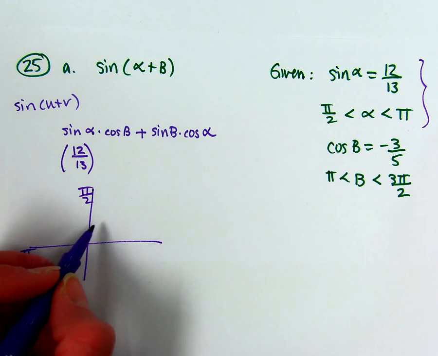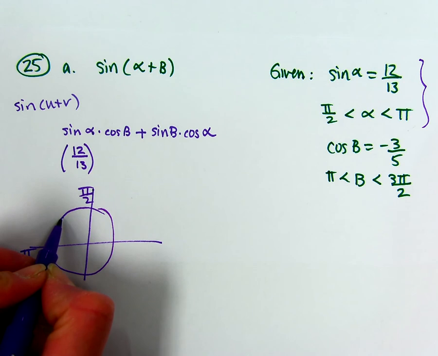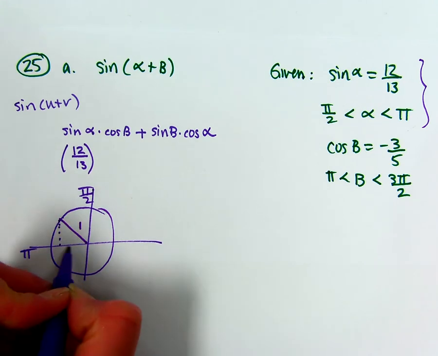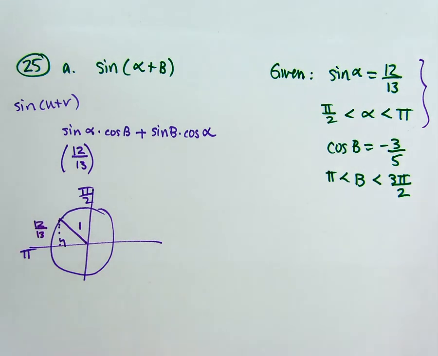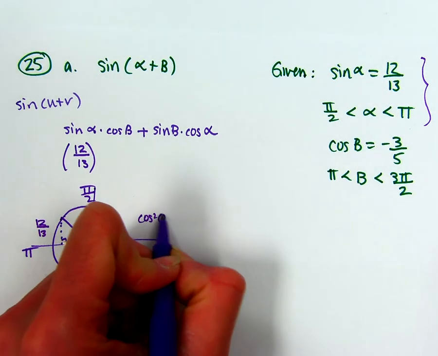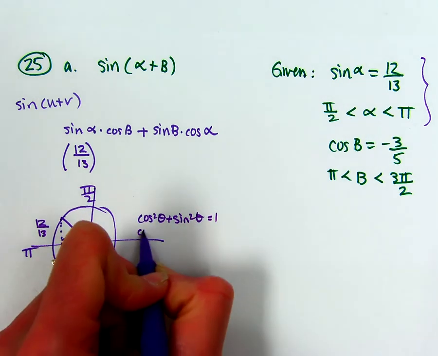You could do something here where we've got 1 as our hypotenuse. This is 12 over 13. Right, and you remember cosine squared plus sine squared equals 1. You could do it that way.